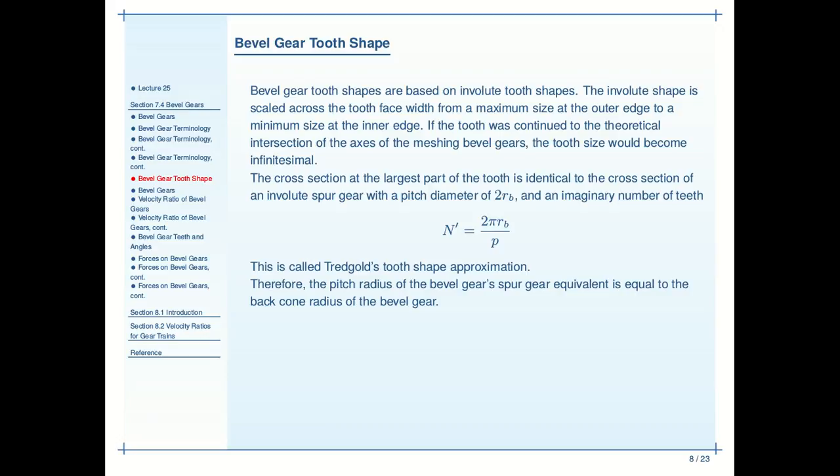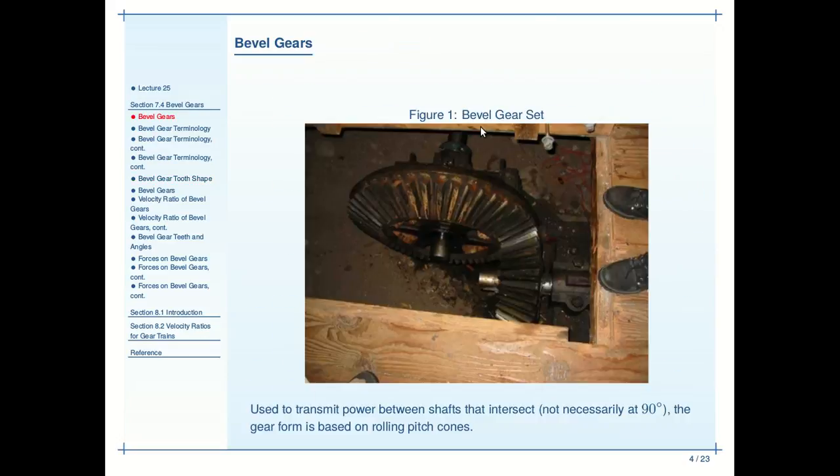Now, bevel gear teeth are an interesting thing here. Bevel gear teeth are actually involute teeth. They don't necessarily look like it, but they are. The shape of the involute is scaled across the tooth face from a maximum size at the outer edge. Go back and look at this. Here's the outer edge.